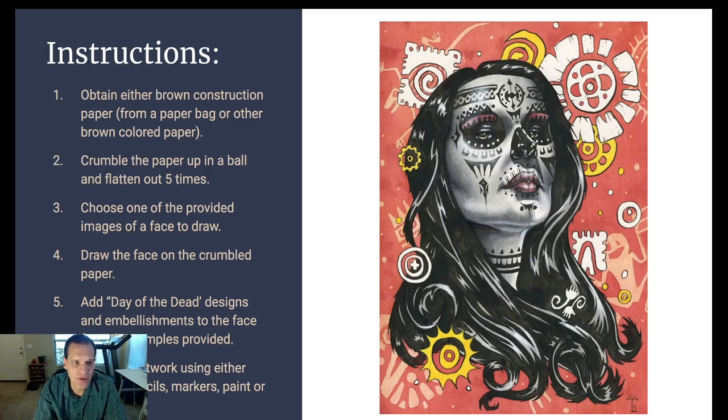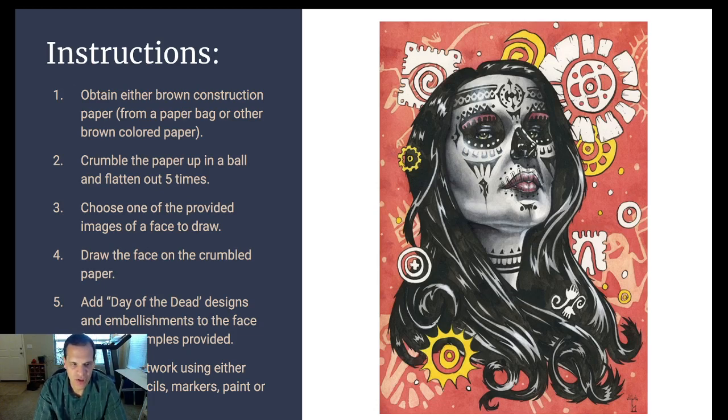Okay, the third thing is I have several images provided after this slide, and they're images of people's faces, just simple faces. I'd like you to choose one of those faces that's provided, and then start drawing that face on that crumpled paper.